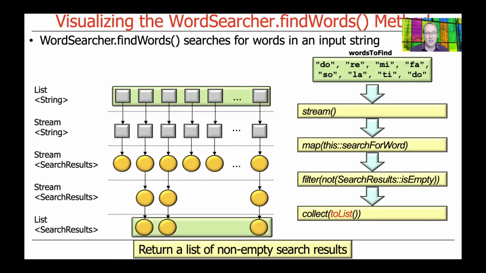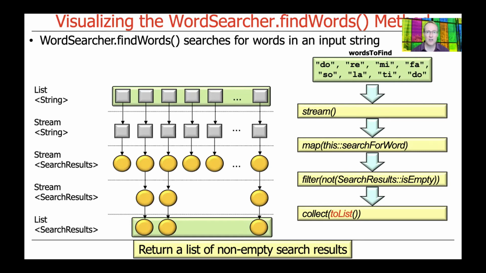And then what the collect terminal operation does is it works off of something called a collector. And in this case, the collector is actually produced by the toList factory method on the Collectors Java utility class. It's a factory method that creates a list collector that collects the stream of non-empty search results into a data structure, in this case, a list.